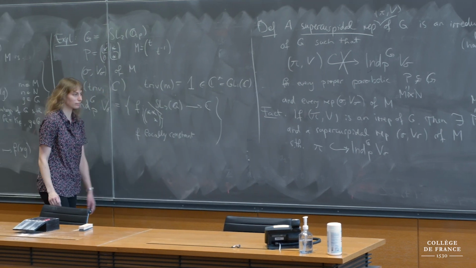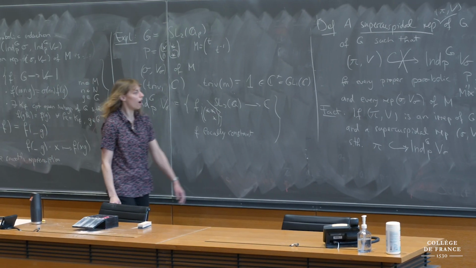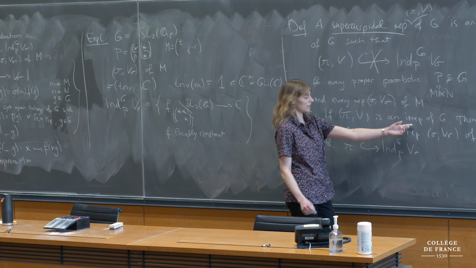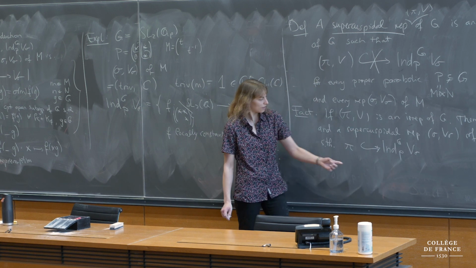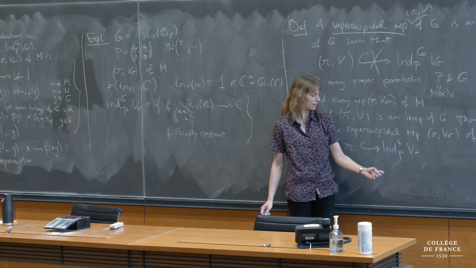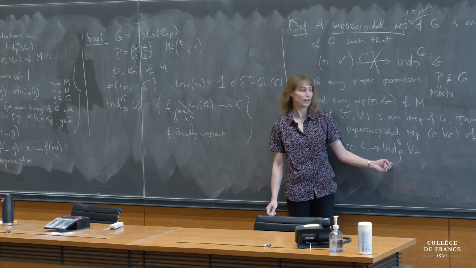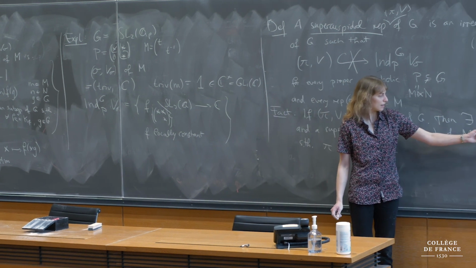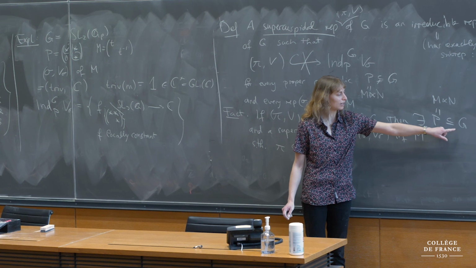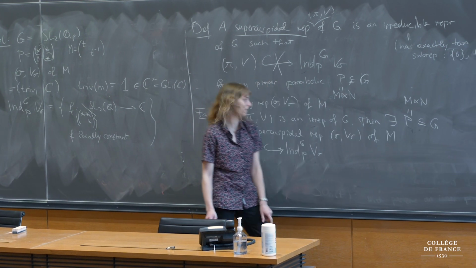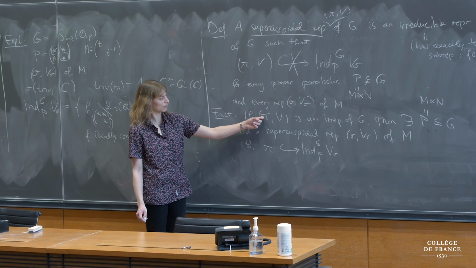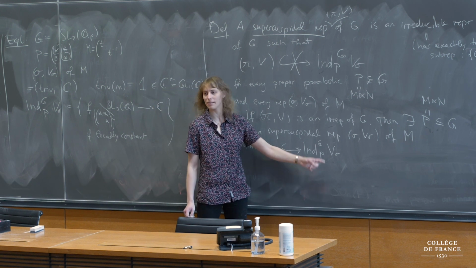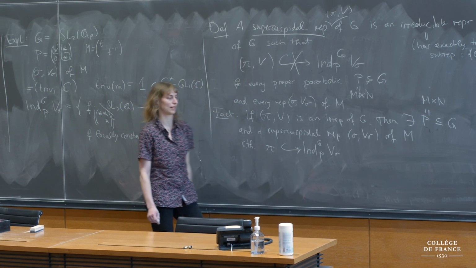So that means all the irreducible representations can be obtained from the supercuspal representations via parabolic induction. And note that here I say P is a parabolic inside G that might be equal to G. So in the case that pi is supercuspal, P is equal to G, and this parabolic induction just doesn't do anything.